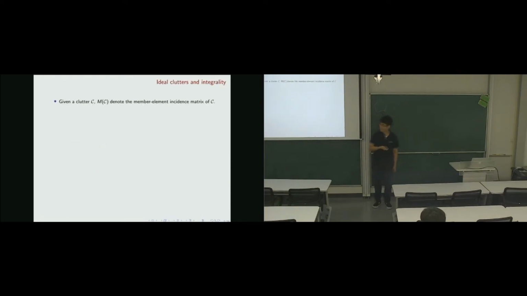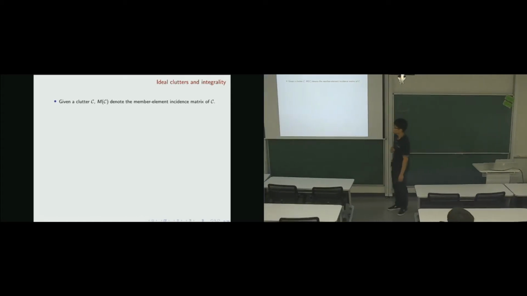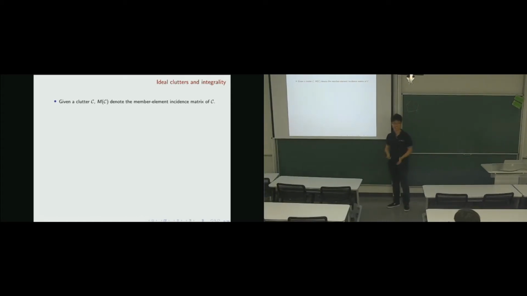Okay, so given a clutter C, you can look at the incidence matrix of that clutter. Basically, that matrix whose columns are labeled by the elements, and the rows are the incidence vectors of the subsets.